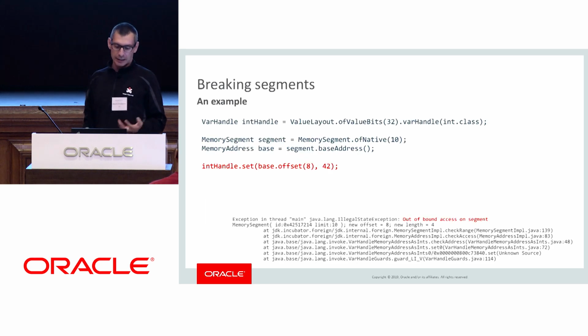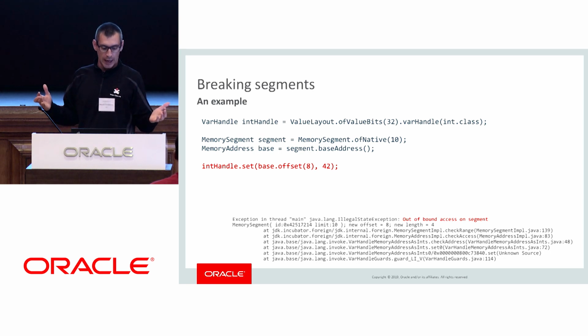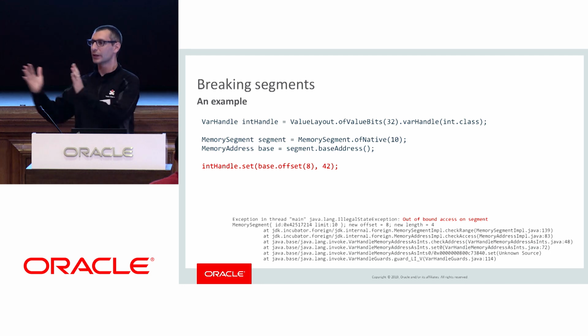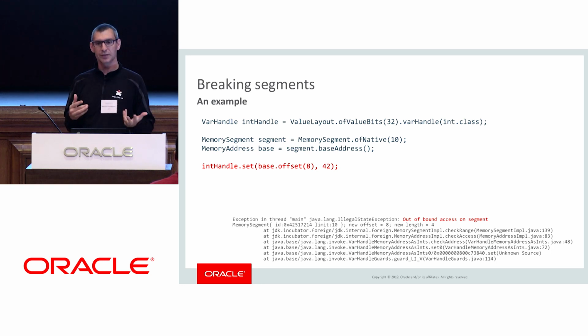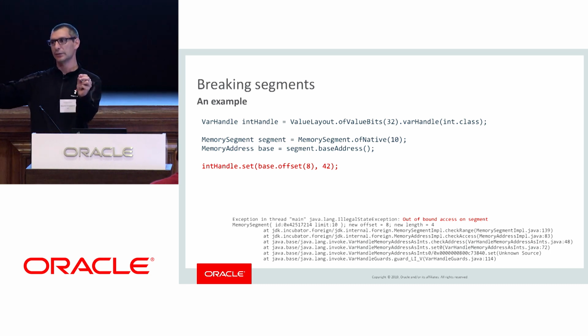So in terms of usability, what this means is that, for example, here I'm creating a memory segment of 10 bytes. And I want to set an integer starting from offset 8 of the segment. And of course, you can see that this set operation is a little bit cheeky because you start at offset 8, which is within bounds, but since I'm setting an int, which is 4 bytes, it will end up at 12.